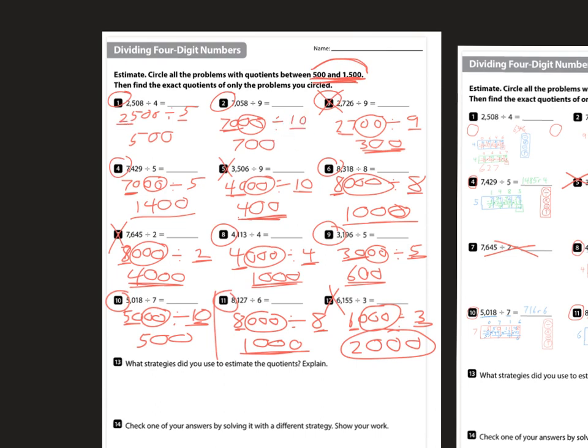You know that 10 goes into 70. 9, my multiples of 9 will get me to 27. So I changed my divisors and my dividends to whatever would divide evenly with each other. If you divide evenly and you know your multiples, you can quickly come up with a quotient.